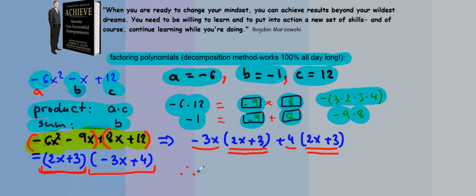So negative 6x squared minus x plus 12 in factored form is equivalent to the product of 2x plus 3 and negative 3x plus 4.